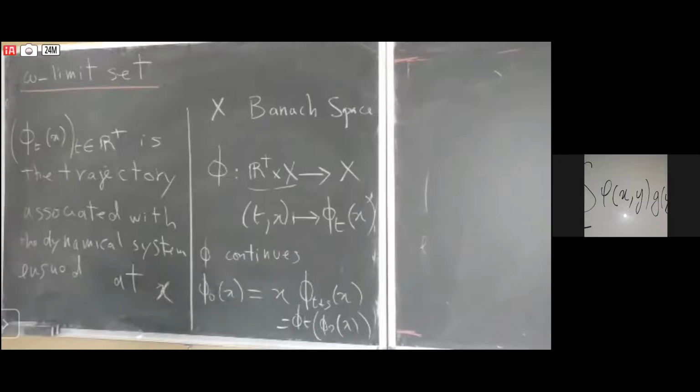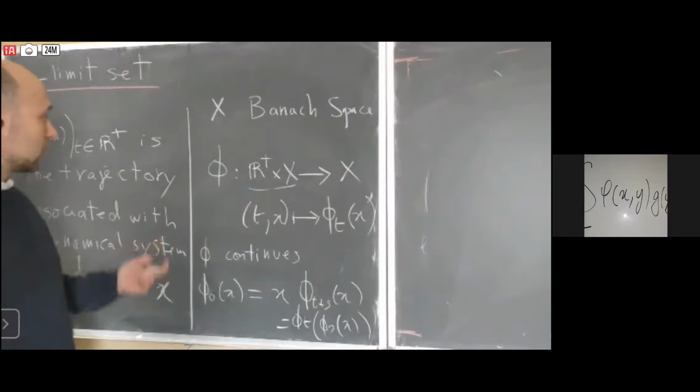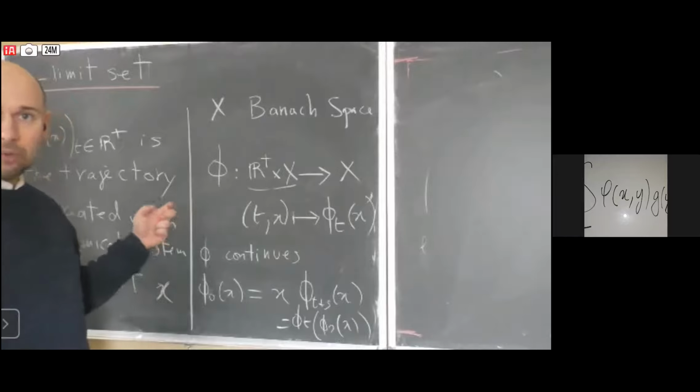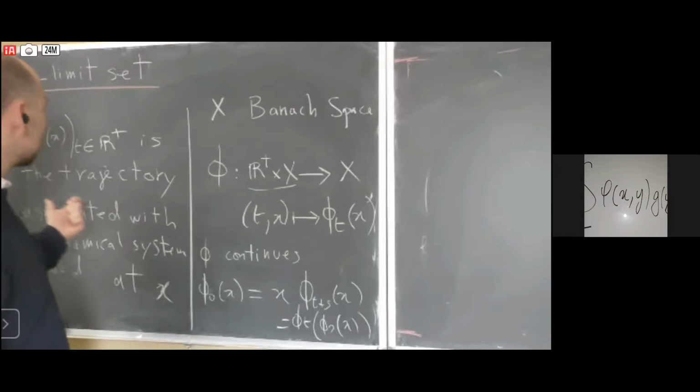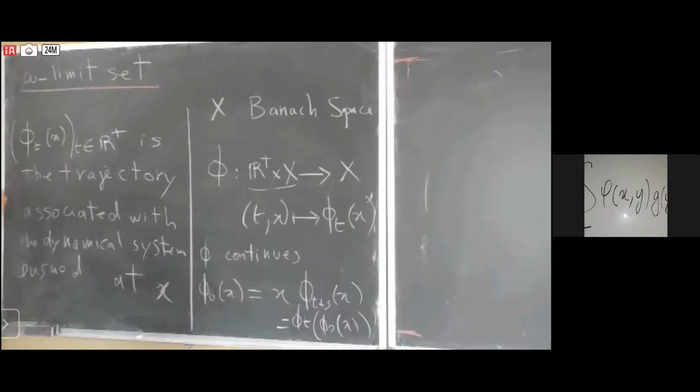All right. So I repeat, for a given equation, for example equation 1, my phi is the tool that gives the trajectory.